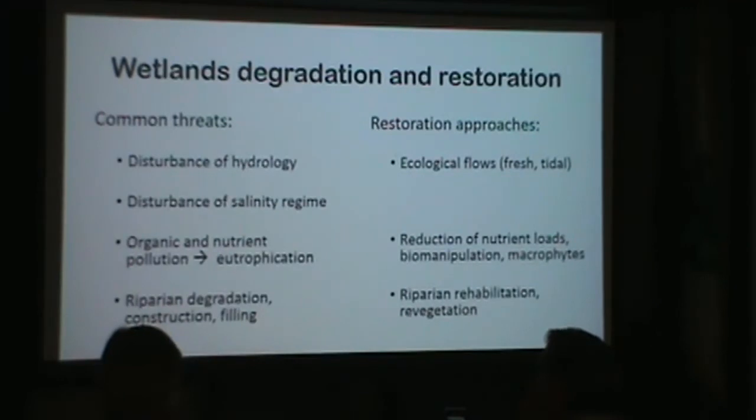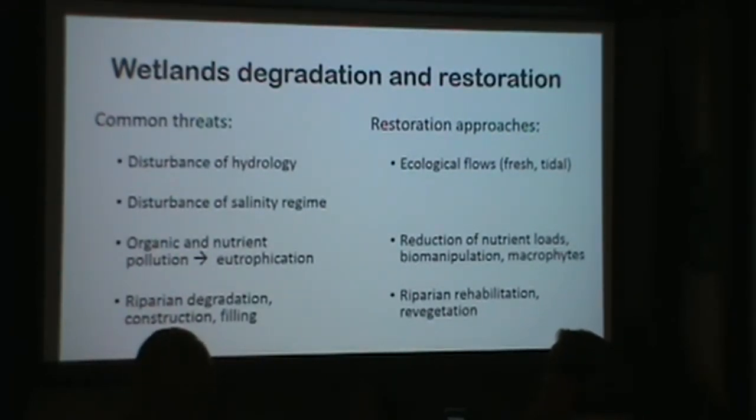One consequence of that degradation is a state that is called eutrophic. Eutrophication is the process which is a consequence of nutrient enrichment in bodies of water, including wetlands. Okay, have you heard about eutrophication? No? No?